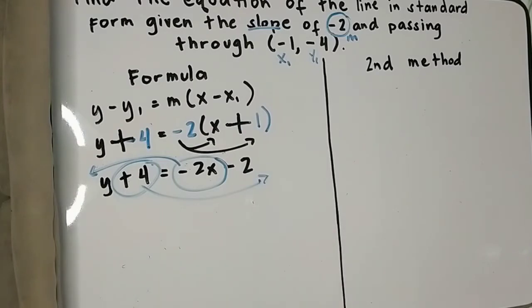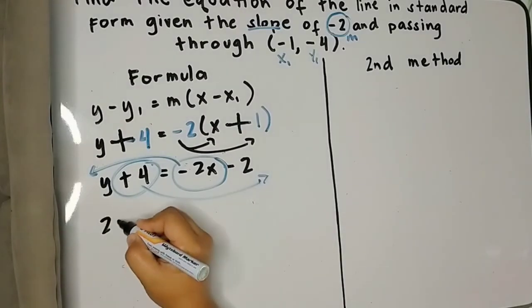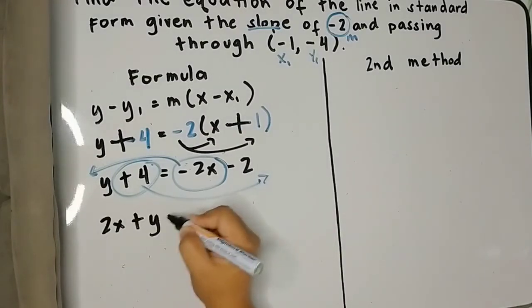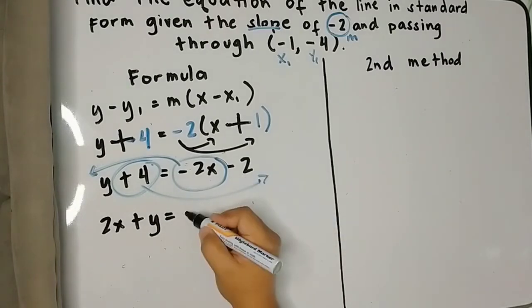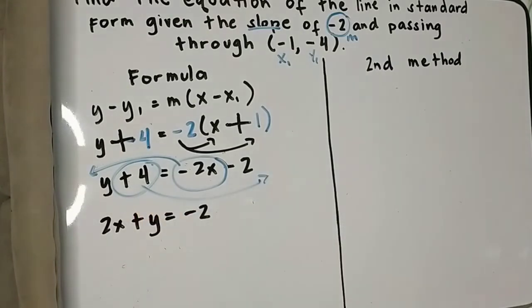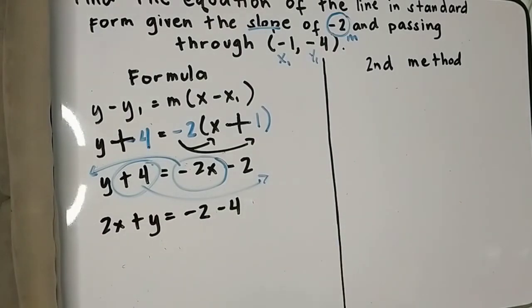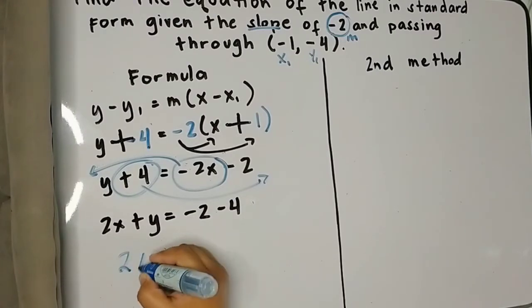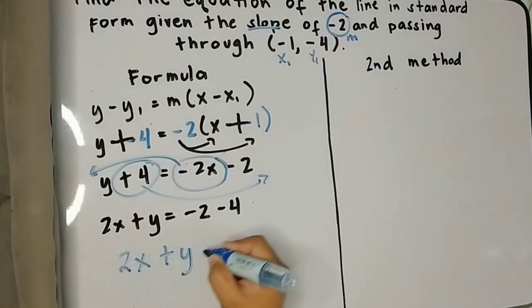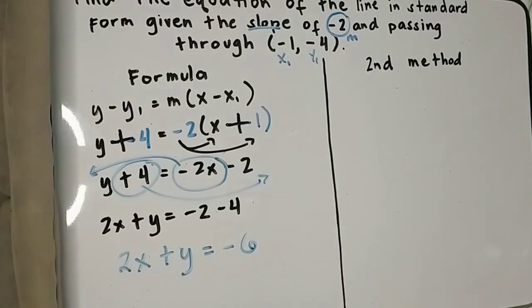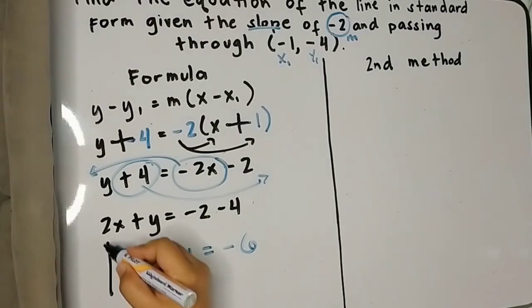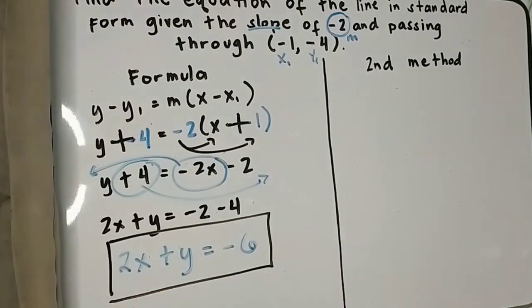So, negative 2x magiging positive 2x plus y equals negative 2. Then, si positive 4 magiging negative 4. Then, combine. So, we have here, simply copy 2x plus y, then combine both negative, pag kinombine, diba, add, then copy the sign, equals negative 6. So, this is now the answer.